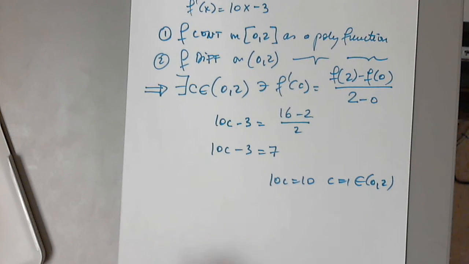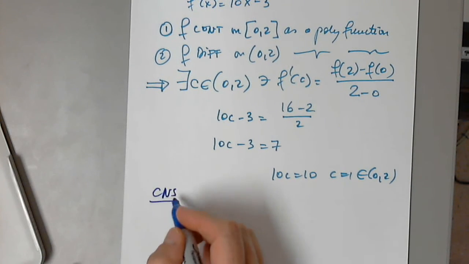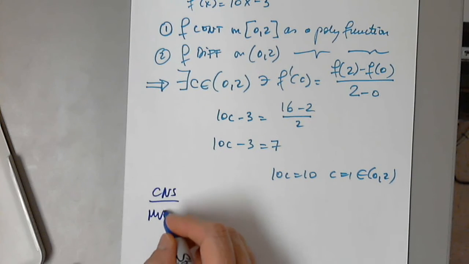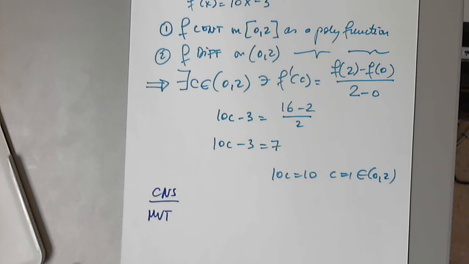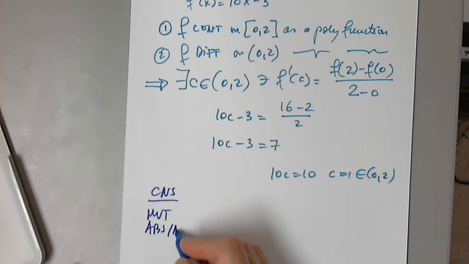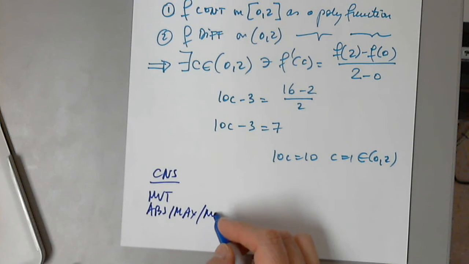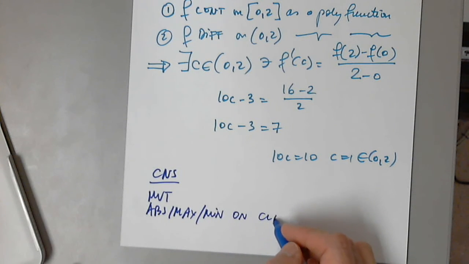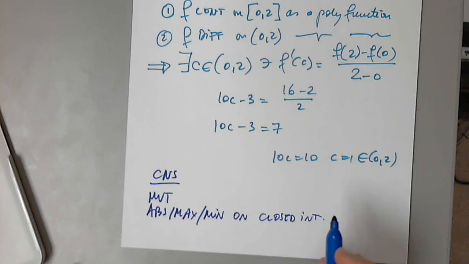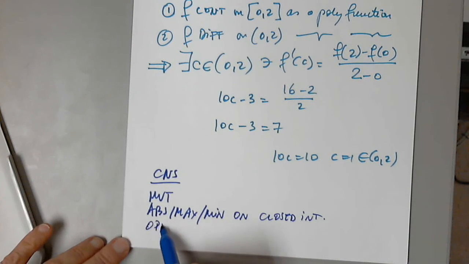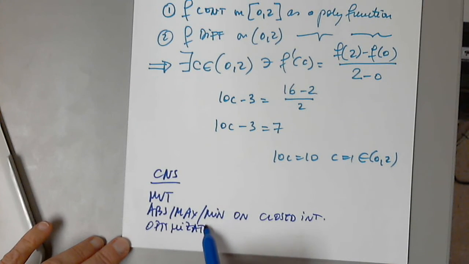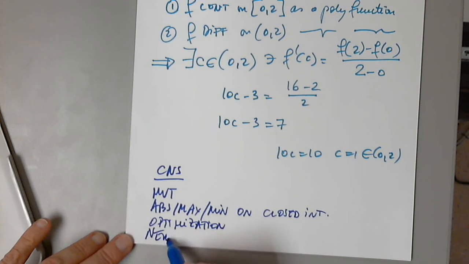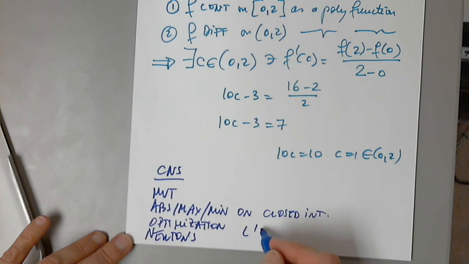So let me list some topics. Of course, critical numbers would be a question. Of course, the mean value theorem that we just looked at would be a question. Of course, the absolute max min on a closed interval. Of course, optimization. Newton's method. L'Hopital's limits.